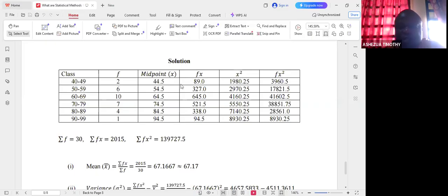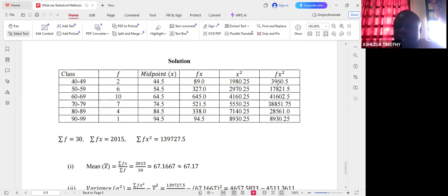How do we get x squared? It is simply taking the midpoint, which is x, and squaring it. If you do that, you will have 44.5 times 44.5, which gives us 1980.25.